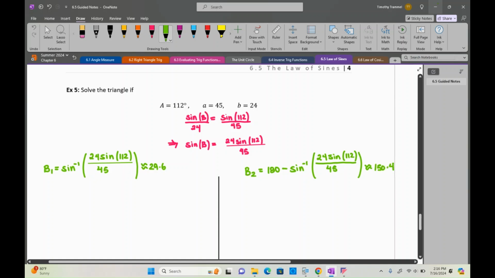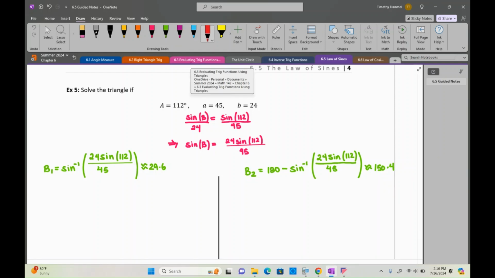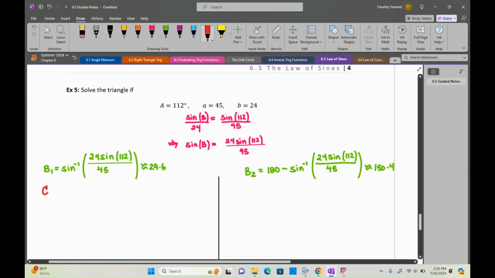There we go. We'll find big C just like last time too. Let's go ahead and do that. And this time I'm going to call it big C1 and big C2. And for both of those, remember, all three angles should add up to 180. So 180 minus B1 and minus A is how we're going to calculate C1. And we're going to calculate C2 the same way, except instead of subtracting away B1, we have B2.